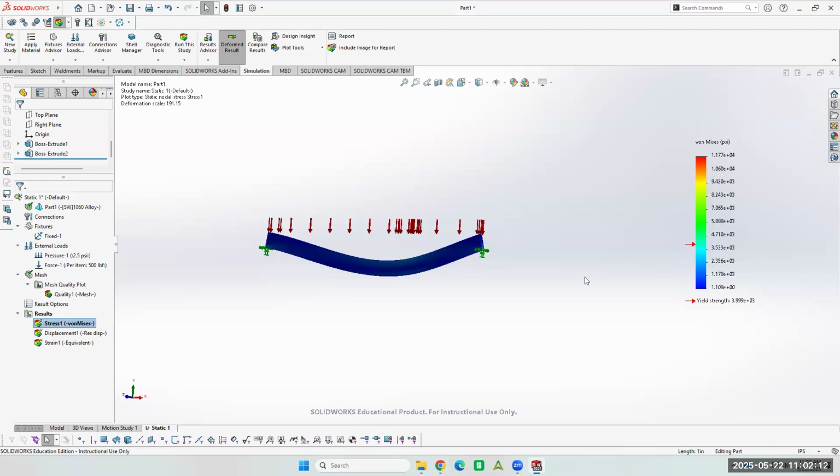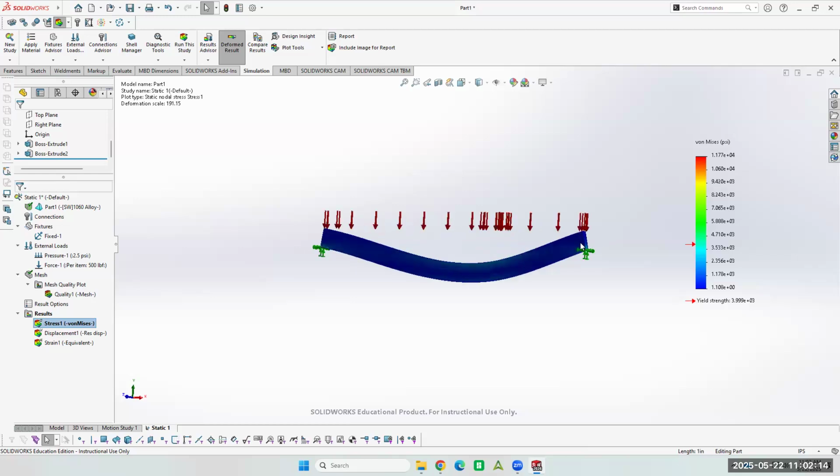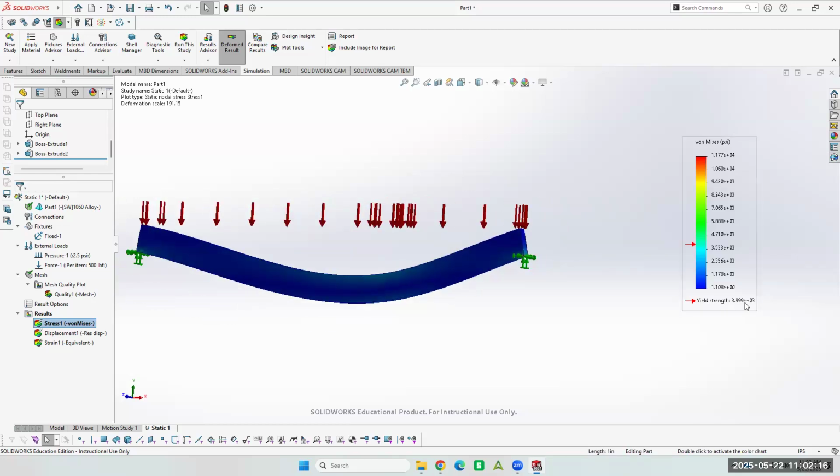Exactly. So based on this upper yield, it's all down in here. Everything's good. We got 3.5, and look, it's dialing in at very close to 3.5. It's super fun to have both.